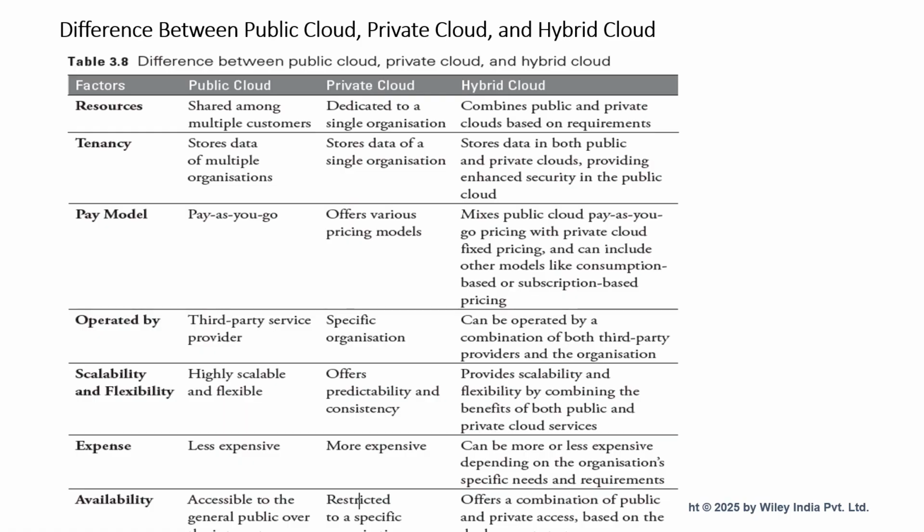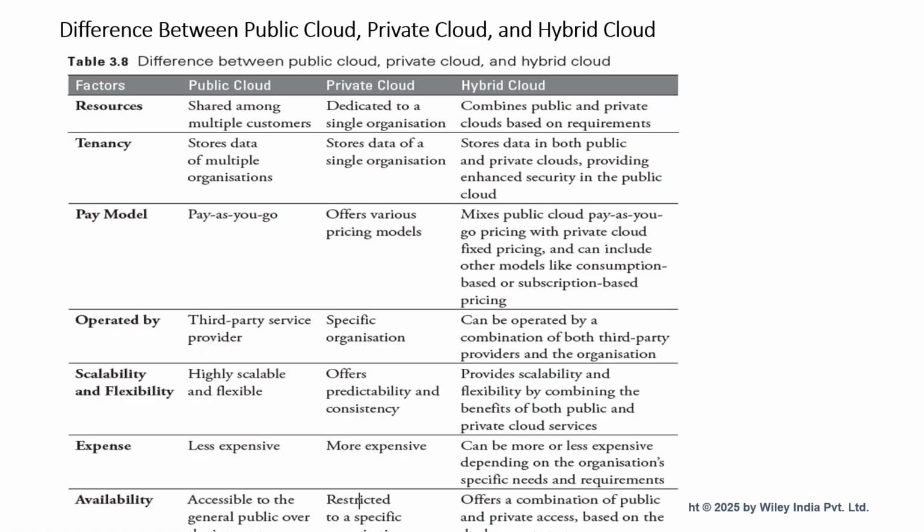Now, let's have a comparison between public, private, and hybrid cloud in a detailed way, because then we can better talk about security. Public cloud, we know that the security is least in case of public cloud. Public cloud is less expensive as compared to the other two variants, accessible to the public over the internet, but private cloud is accessible only to restricted people.